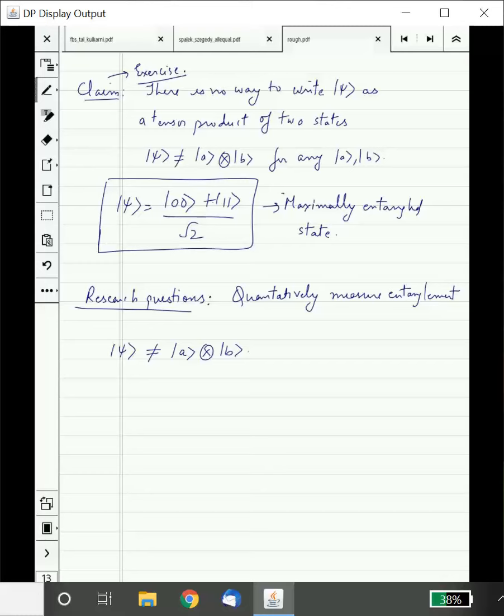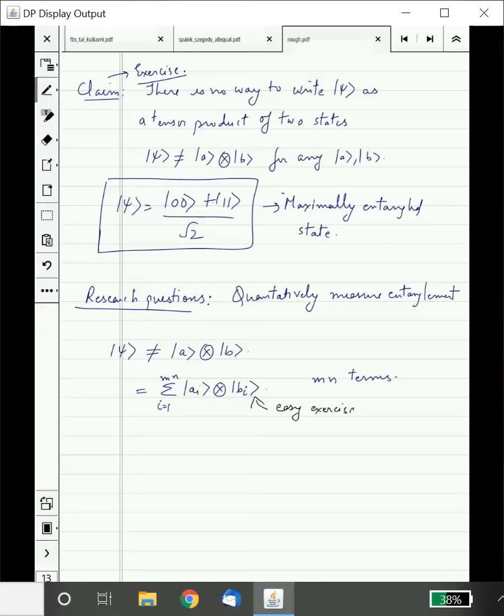Anyway, so now there are states which cannot be written as A tensor B, but they can definitely be written as a linear combination. Again, easy to prove that I can write any state in this form, the sum of A_i tensor B_i, where summation goes from 1 to mn. I need mn terms here. That just follows by writing it in the basis. You can convince yourself, again, an easy exercise.